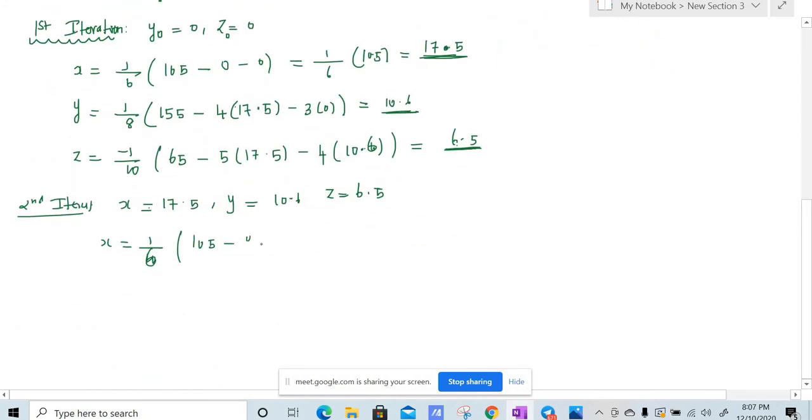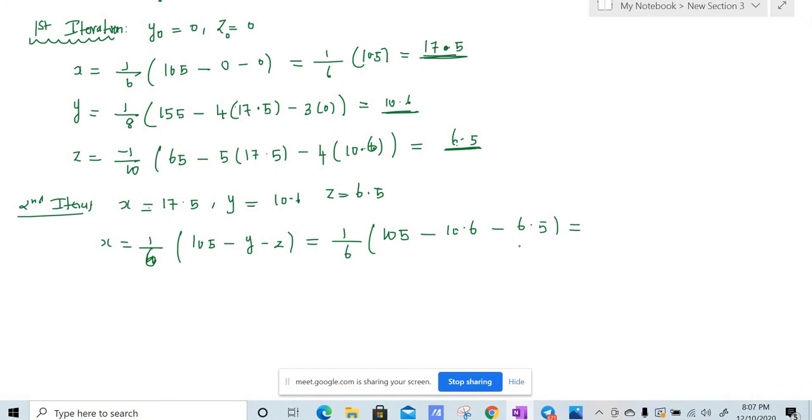So what is the updated value for y? It is 10.6, minus the updated value for z, 6.5, that is the latest value. Again you can make use of a calculator, so this will be 14.64. You can see the values are changing: it is 17.5, then 14.64. So it will take almost 3 to 4 iterations to get very close values.